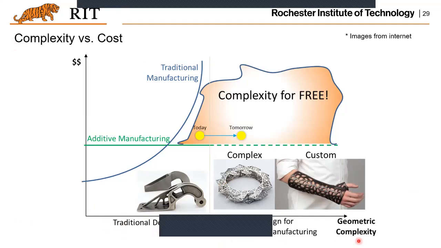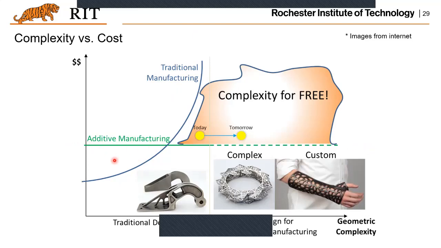The horizontal axis shows the geometric complexity of the parts, and the vertical axis shows the cost. If we look at traditional manufacturing, in blue, as the complexity increases, the cost increases dramatically, exponentially, I would say. But for additive, it's a straight line.